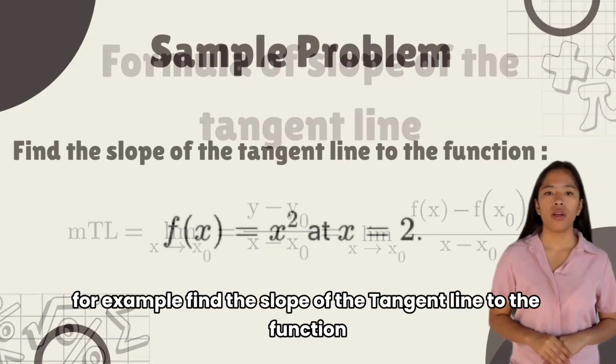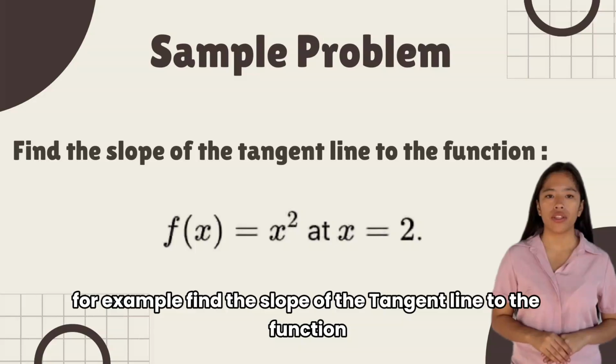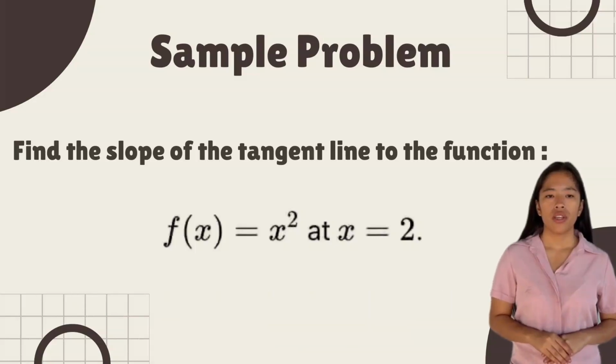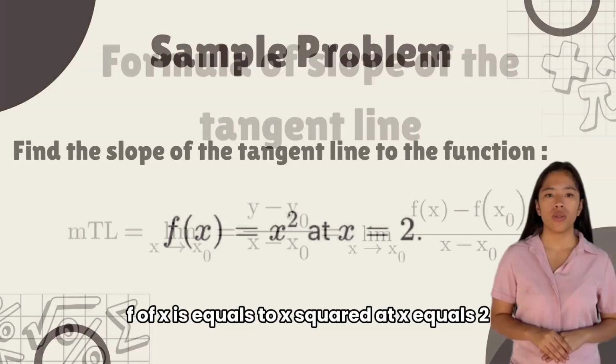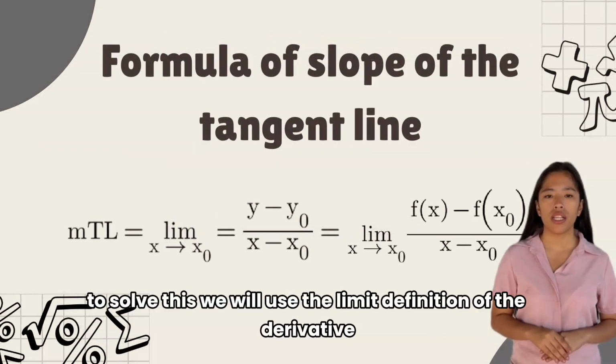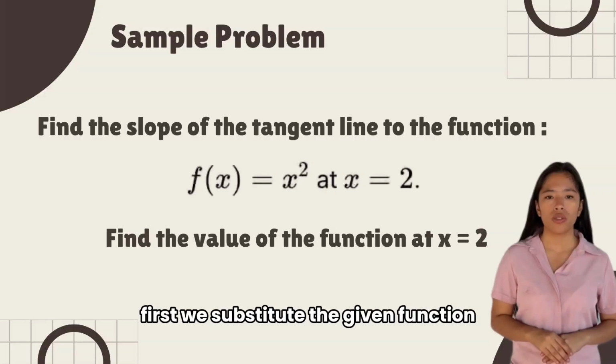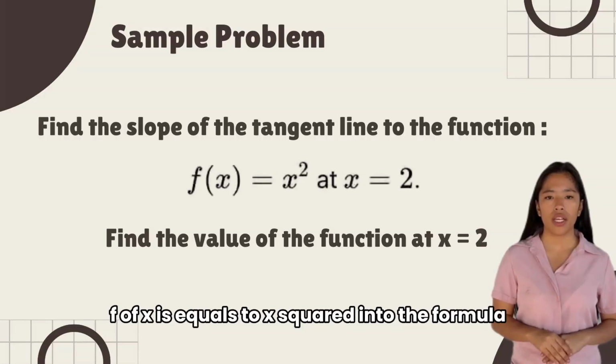For example, find the slope of the tangent line to the function f of x is equal to x squared at x equals 2. To solve this, we will use the limit definition of the derivative. First, we substitute the given function f of x equals x squared into the formula.